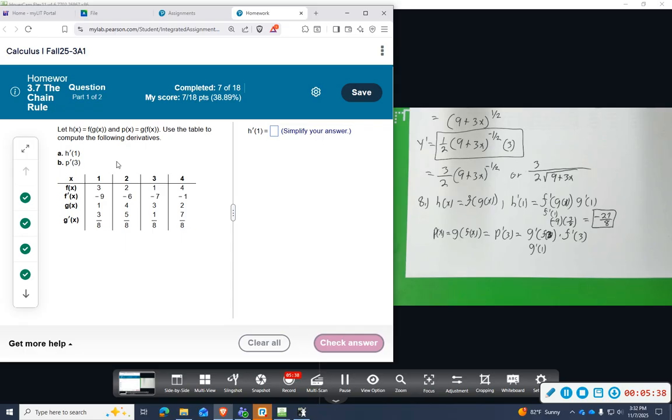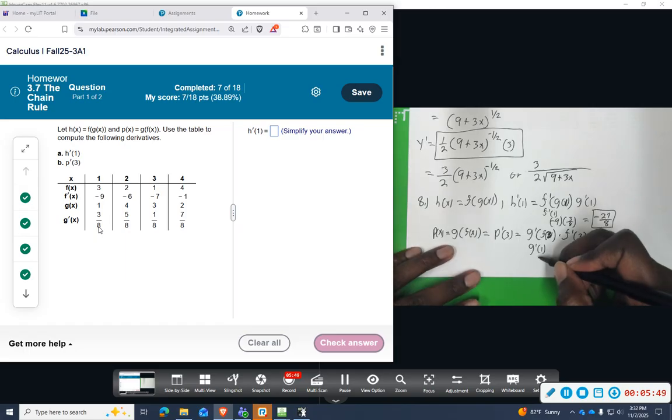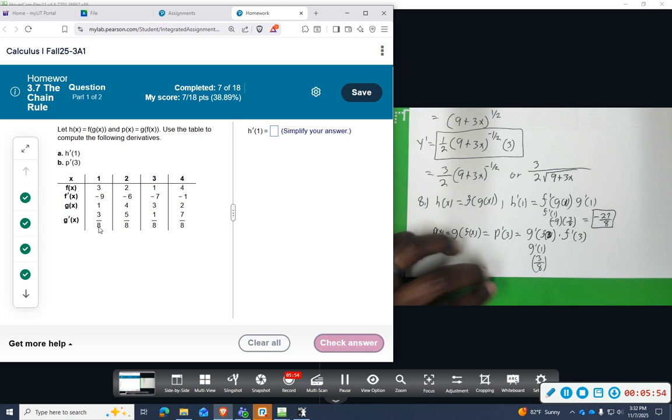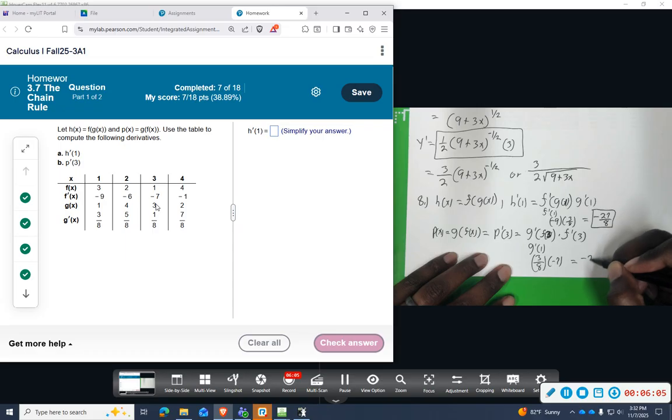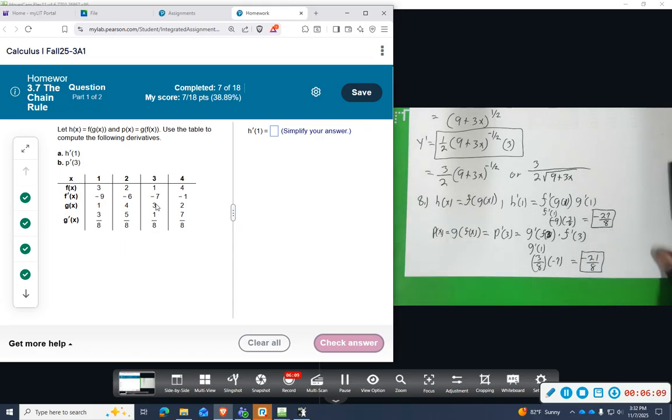And g prime of 1 is 3 over 8. So this is what we're getting for the first value, and then f prime of 3. So we go to 3, f prime, we get a negative 7. A negative 7 times 3 over 8 gives a negative 21 over 8, and so that's what we get for our second function.